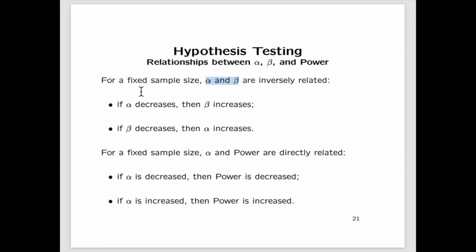In particular, for a given sample size, if we choose to decrease the significance level, in other words, if we decide to make the probability of a type 1 error smaller, then we will necessarily be increasing the probability of a type 2 error. Conversely, if we decide to decrease the probability of a type 2 error, then for a fixed sample size, that would require making the probability of a type 1 error bigger.